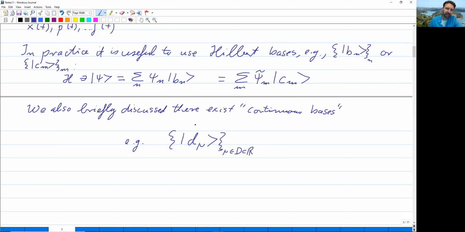The trouble is that, technically speaking, as we will discuss later, these vectors are not elements of the Hilbert space. They're not normalizable. But there's a continuum of them.